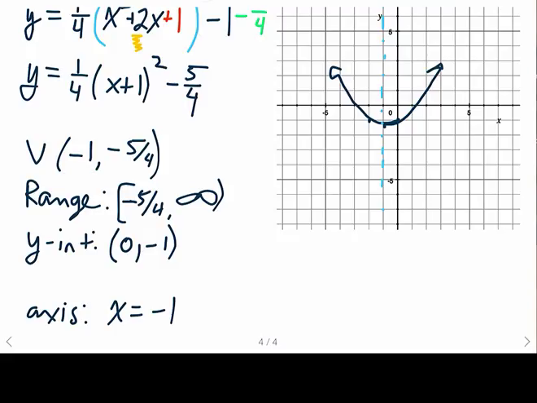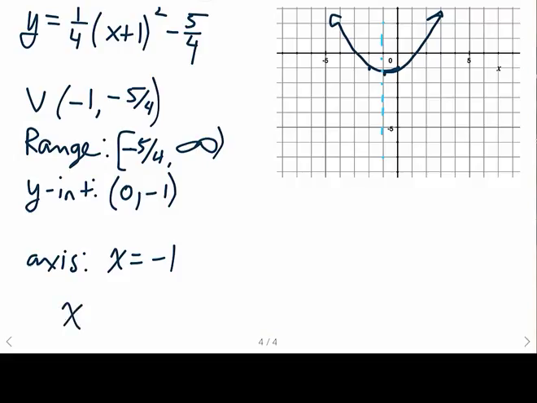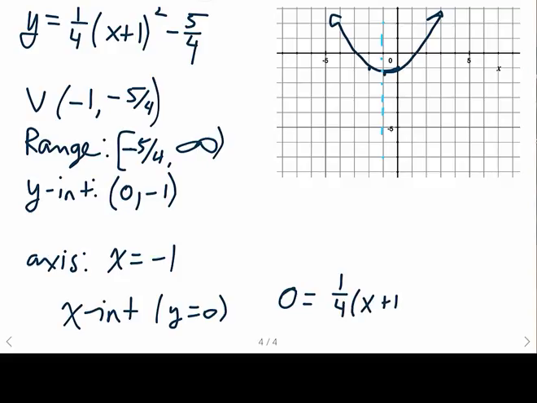And then the x-intercepts. Remember, the x-intercepts are where y is equal to 0. And so we're going to solve the equation 0 is equal to 1/4 times the quantity of x plus 1 squared minus 5/4.